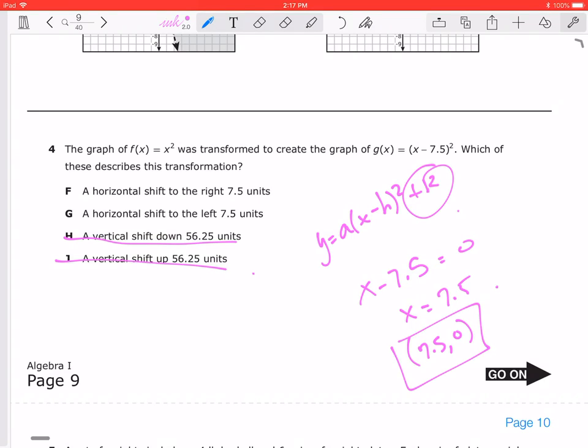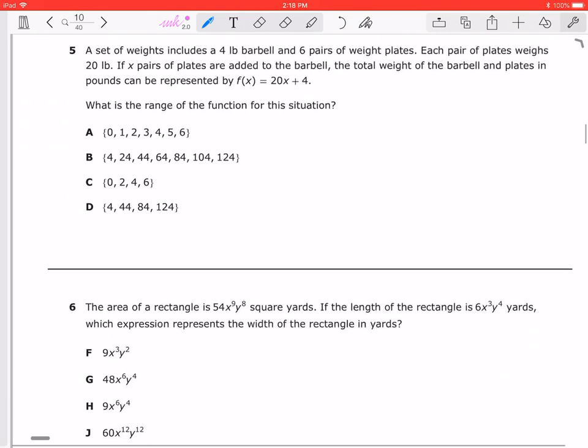Because this is in vertex form, our vertex is at 7.5, 0. So we went from our vertex being at 0, 0, and then we shifted right along the x-axis 7.5. So we went to the right 7.5. So our answer choice is F.